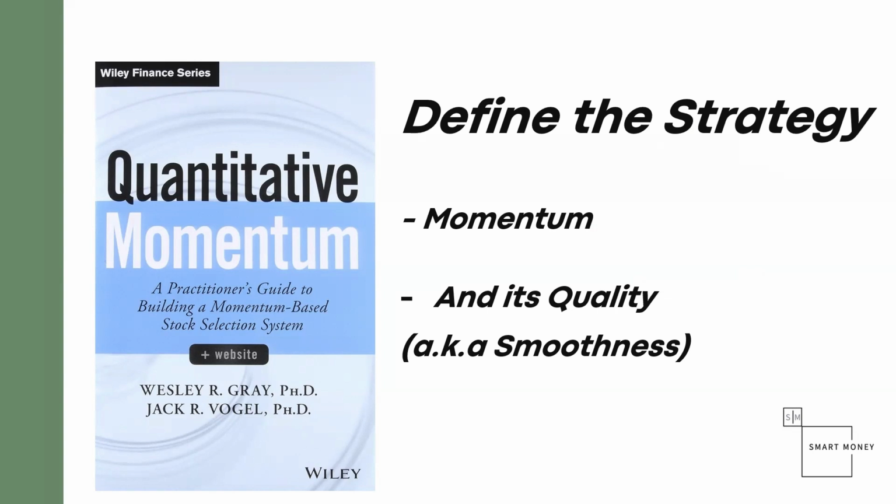So the quality of momentum helps you understand, well, you have the momentum, but that's not good enough. The quality of momentum helps you understand if the price is increasing consistently, or if it is just sudden spikes in your price that is leading you to a higher momentum score.